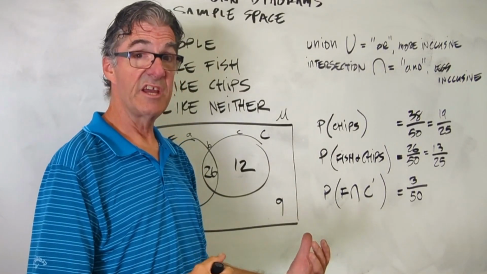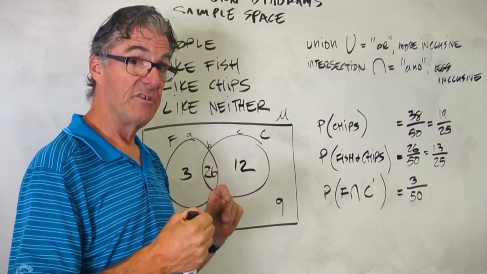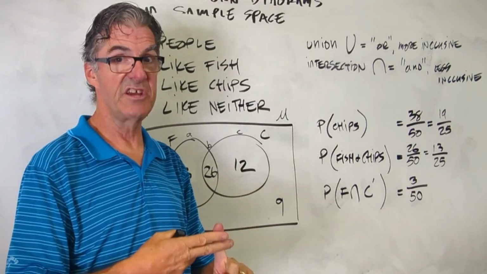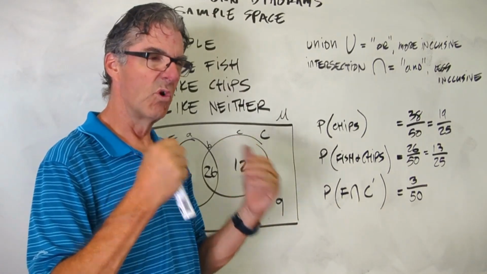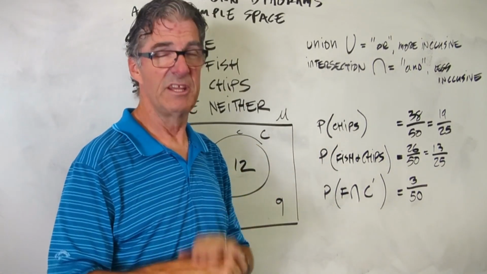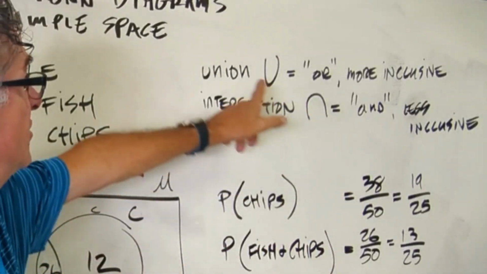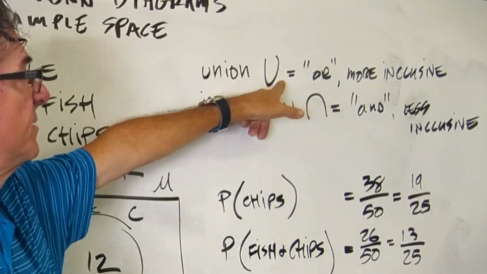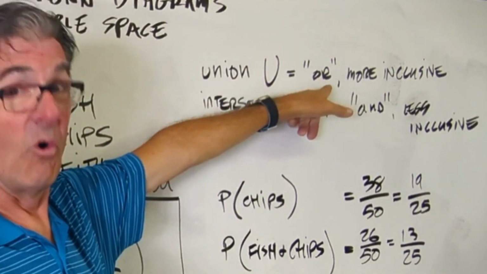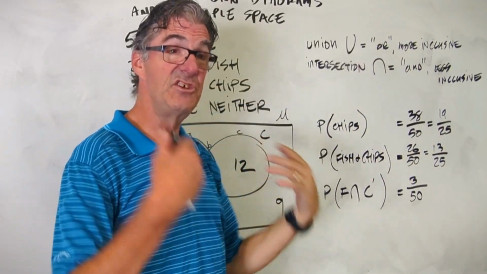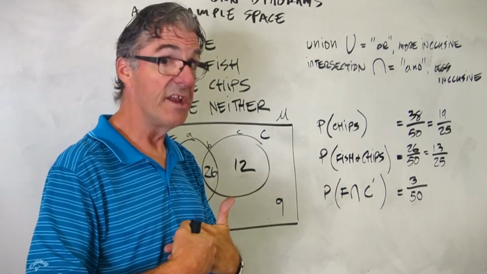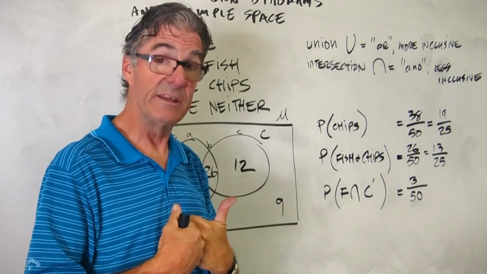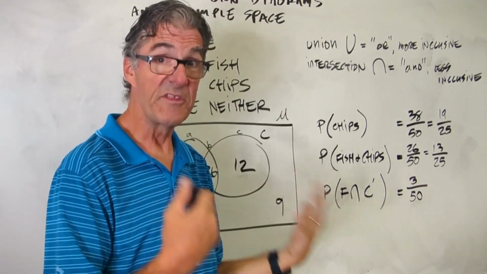I want to pause for a sec and drill in to the definitions of union and intersection, just because they're a little bit confusing. I think the words actually can lead you astray. So let's take a look. So a union, which is our U symbol, it stands for or. So if you did union, the item counts if it's in one or the other one. It doesn't have to be in both, it just has to be in one or the other.